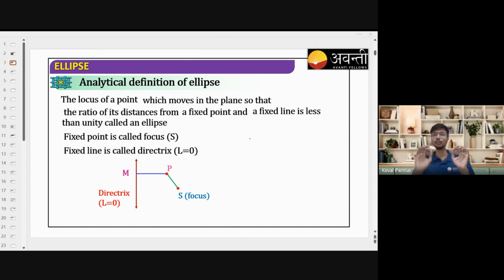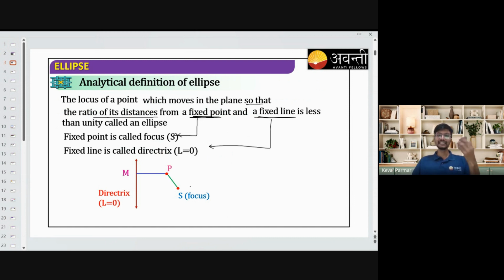A conic is defined as the locus of a point which moves in the plane so that the ratio of its distance from a fixed point, called the focus, and its distance from a fixed line, called the directrix, is constant. So here, P is any point whose distance from the focus, SP, upon its distance from the directrix, PM, is in a constant ratio, and that ratio is known as E, the eccentricity.